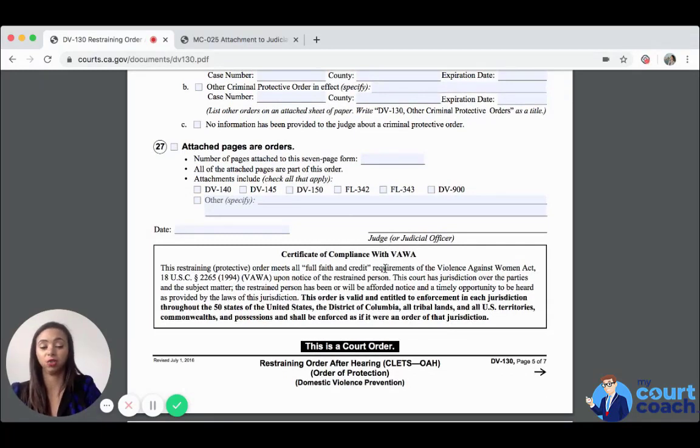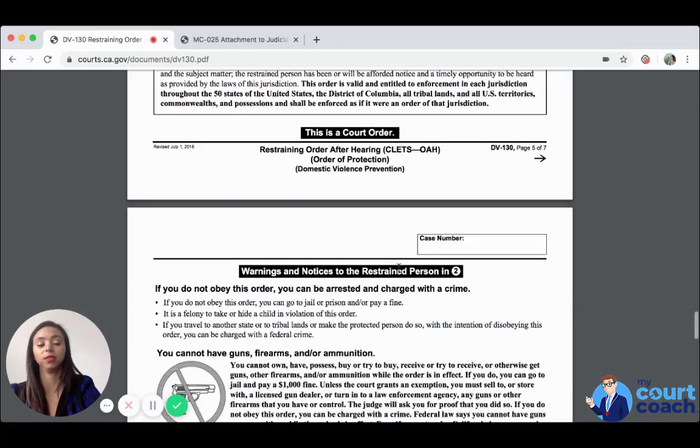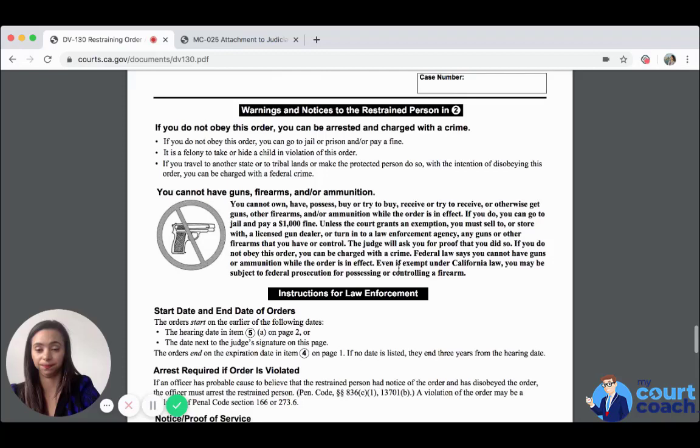And then the judge would need to sign this and date it. And VAWA does apply, meaning that this will be applicable, valid, and enforced within all 50 states, and shall be enforced as if it was an order of protection in that state.